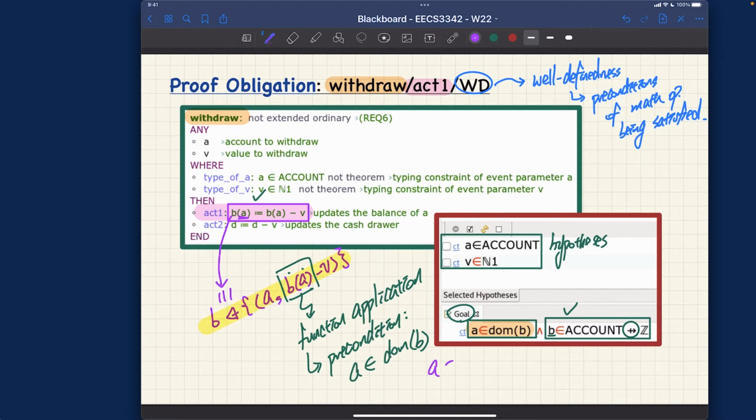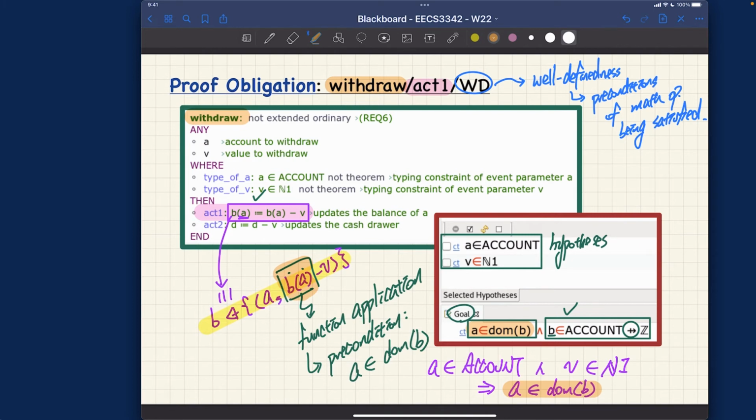If A is a member of the accounts, any account, and V is a positive number, that should imply, that's what Rodin was trying to prove, A is actually a member of the domain of B, right? And this must be proved, otherwise the function application over here wouldn't make sense, would be undefined, right?